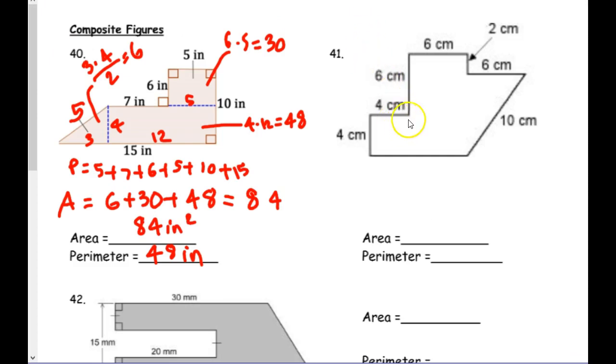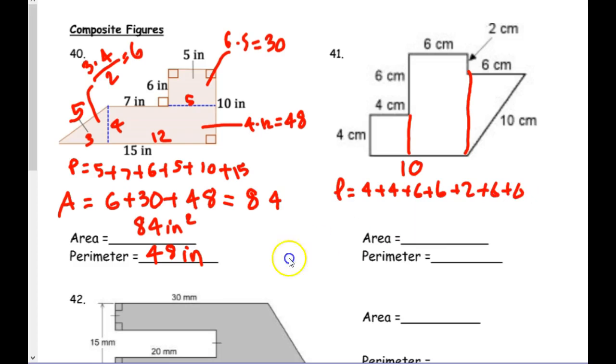Alright, another one. So we got a little square, a rectangle, and a triangle here. So the perimeter, so this bottom length is going to be 4 plus 6, 10. And now we can add up all these sides for the perimeter. So perimeter equals 4 plus 4 plus 6 plus 6 plus 2 plus 6 plus 10.